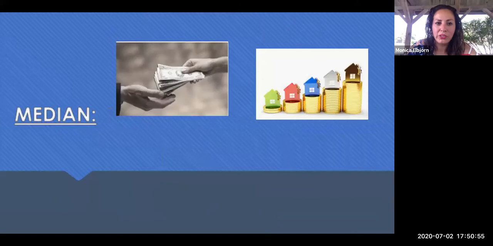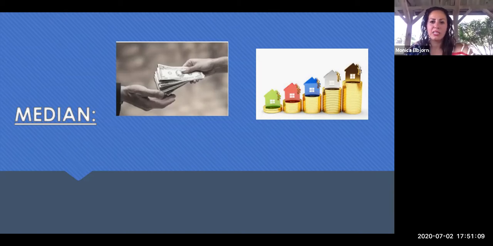And then, have you heard of the median? It's kind of like the mean, but the median is the middle value of the data set. So the mean is the center of the values, and the median is the middle part of your data set.